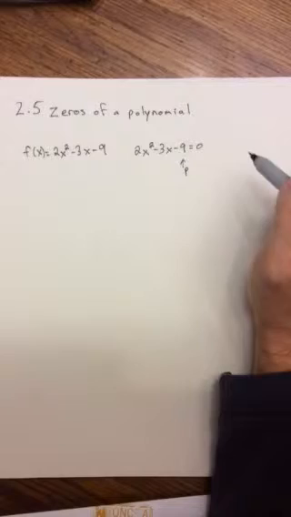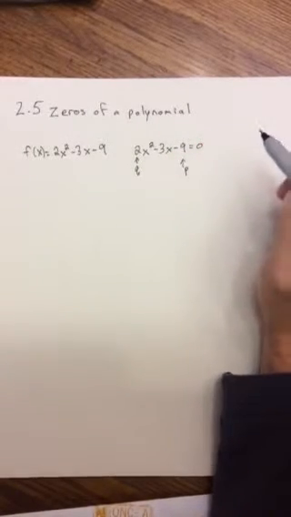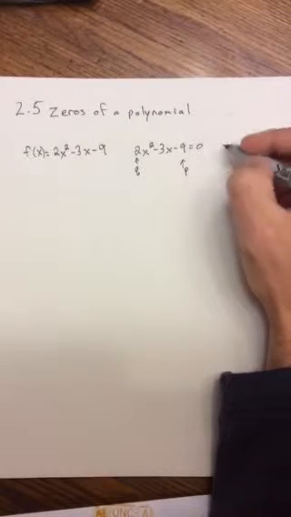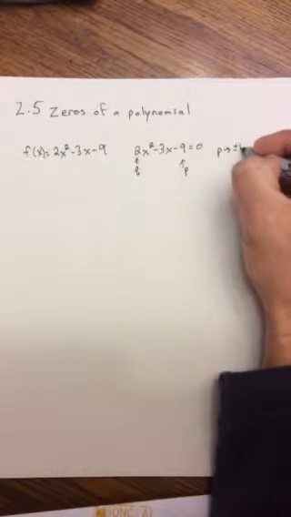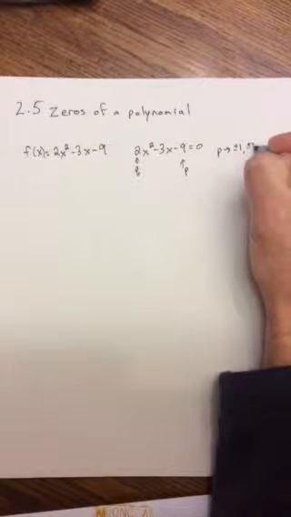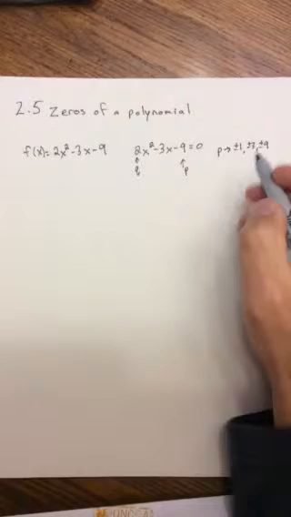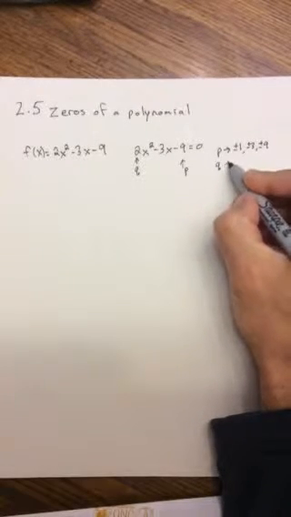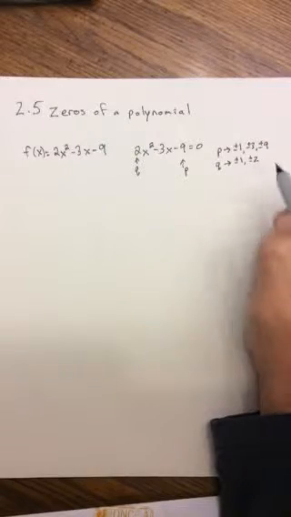Then you also looked at your factors of 2, which they're calling your q-value. So your p factors are going to be plus or minus 1, plus or minus 3, plus or minus 9. For your q values, you're going to look at plus or minus 1, plus or minus 2.